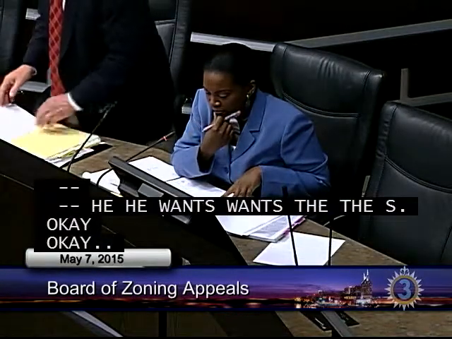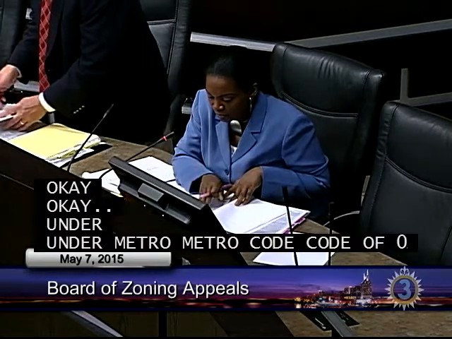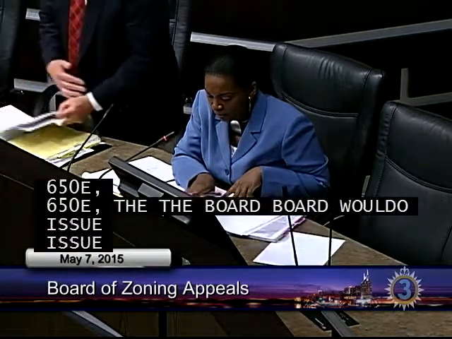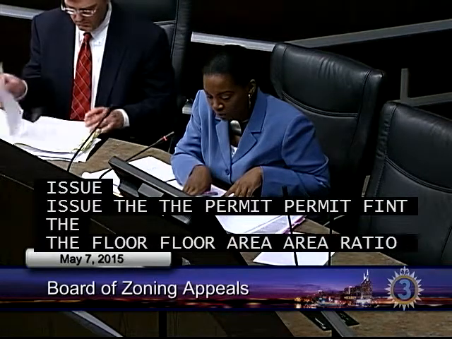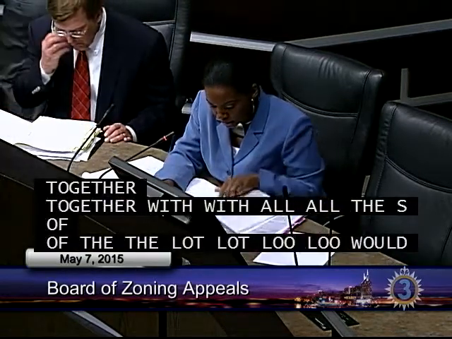Under Metro Code of Law 17-40-650E, the board would have to issue the permit finding that the floor area ratio expanded together with all the other uses of the lot will not exceed the floor area ratio currently permitted.